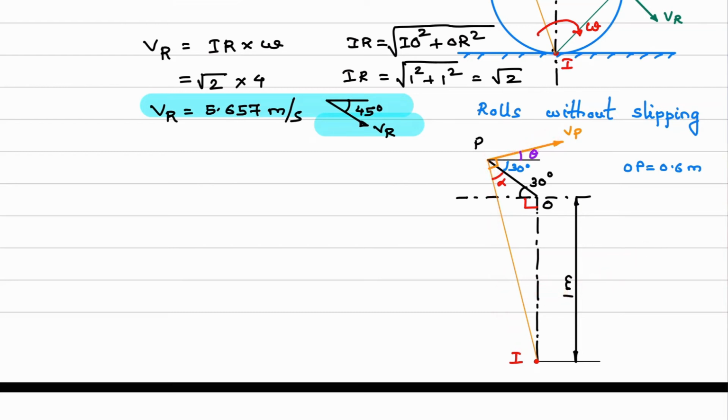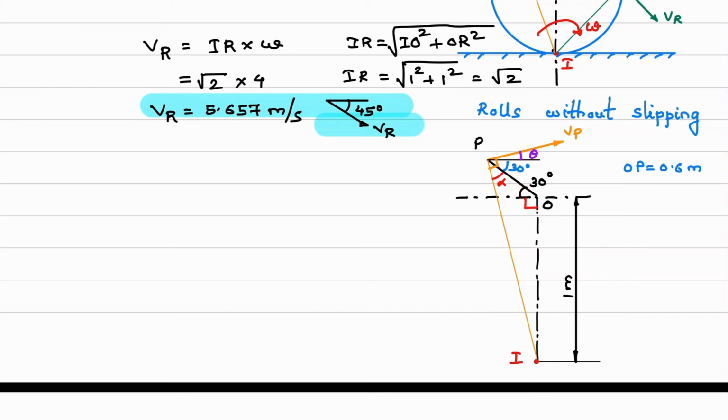Now how to calculate this IP? We will consider the triangle IOP and apply the rule over here. We have to find the distance IP, so we need this angle. What is this angle? It is 30 plus 90, 120 degree.